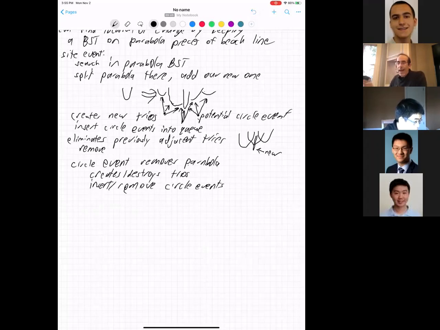So that is the way this event-driven simulation is executed. We look for the next change, and then we determine what the change is, inserting or removing a parabola piece. Then we identify the trios that are created and destroyed, and we insert new circle events and remove irrelevant circle events as we do this.